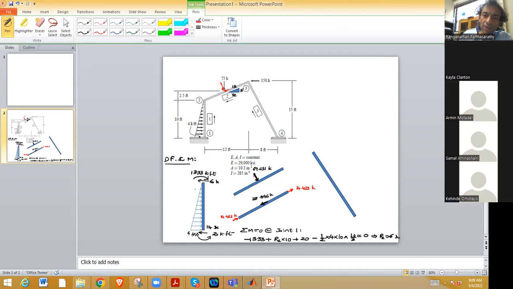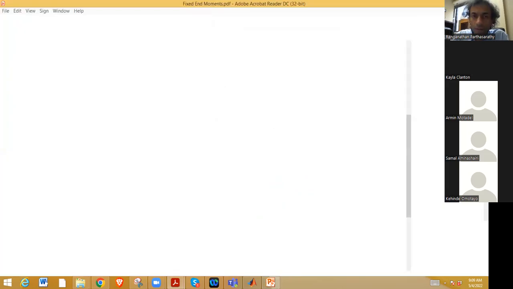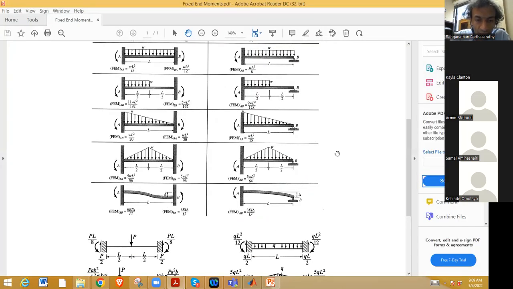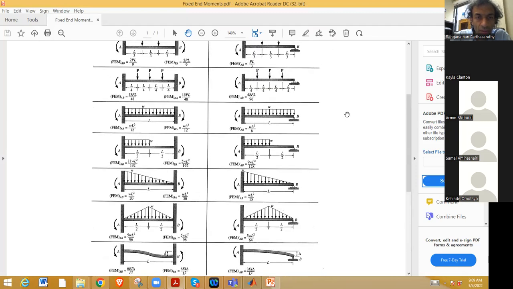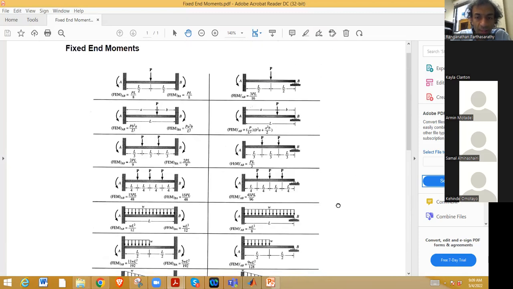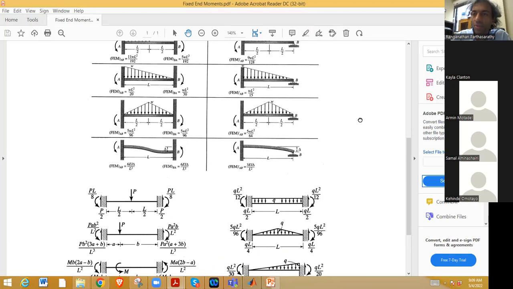Now, for a load at the center, what are the fixed end moments? And what are the reactions? Fixed end moments are PL by 8, PL by 8, and reactions are given P by 2, P by 2.